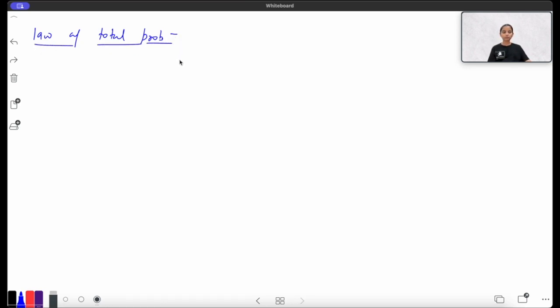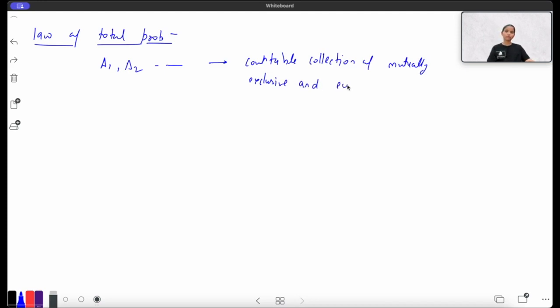Okay, so the law of total probability says that if you are having a countable collection of mutually exclusive and exhaustive events in sample space S, and the probability of each of these events is defined, but as they are mutually exclusive, that means probability of Ai intersection Aj is equal to 0.